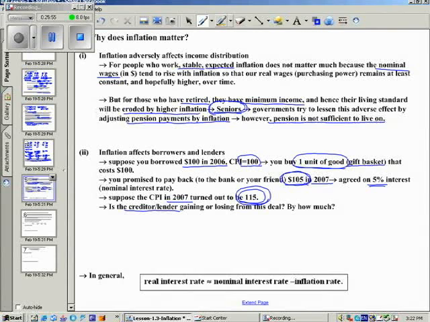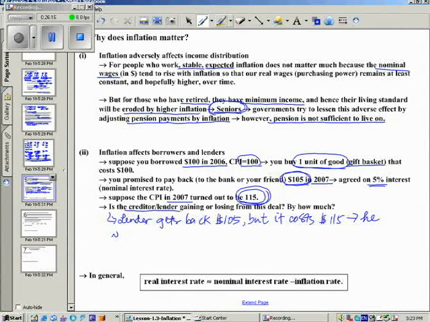But the same basket now costs 115, which means the lender will be $10 short. As a result, with high, unexpected inflation, 15% in this case from 2006 to 2007, the lender would lose.